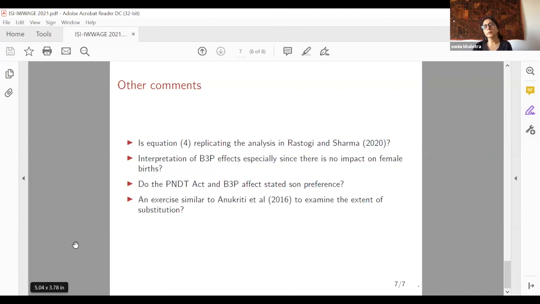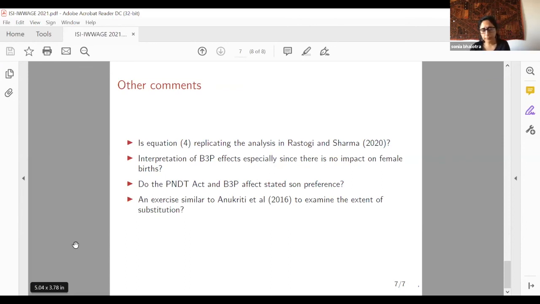Because this is not a policy that, even if implemented well, switches on immediately. Anything about social norms and media information campaigns is likely to have a slow creep. So you could look at dynamic effects at the time since implementation of BBPP.